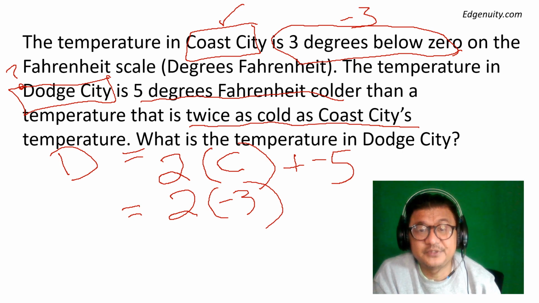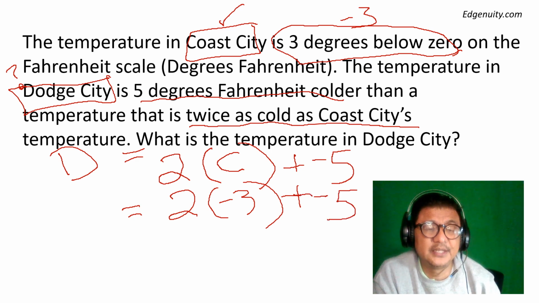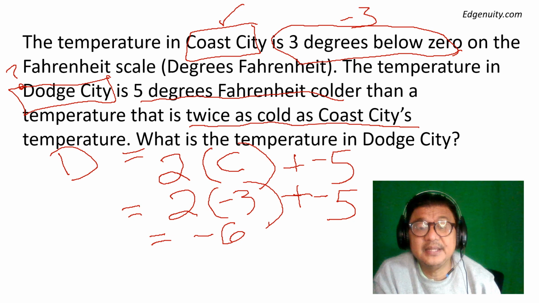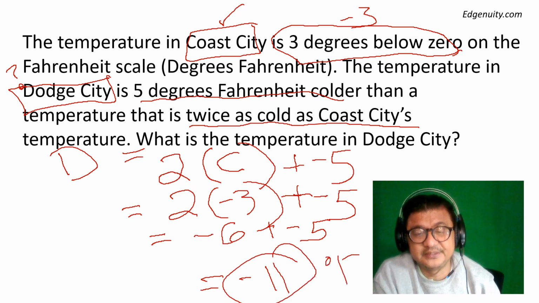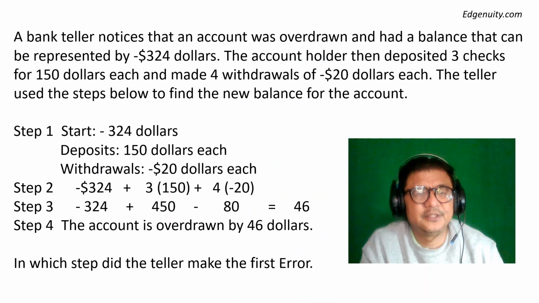Double the -3, and then make it colder. Add another -5. Okay, so let's now do the twice. The twice will become 2 times -3 is -6. Then add another -5. So our answer is -11 degrees Fahrenheit. Okay, got it? Good.